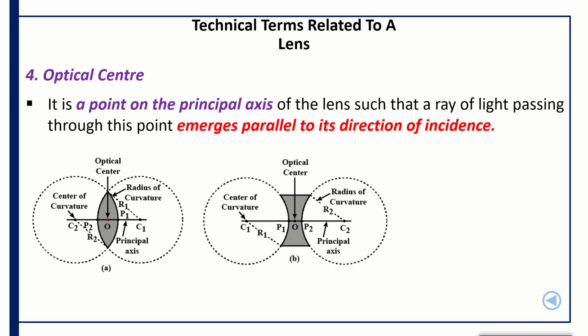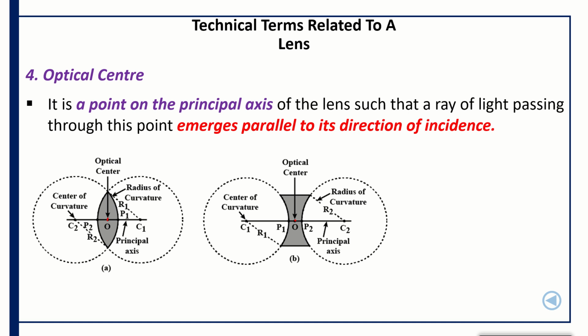Can you see here? O is the optical center of a convex lens and O is the optical center of a concave lens. If I make a ray of light pass through that point, it will not get deviated and it will emerge parallel to its direction of incidence.